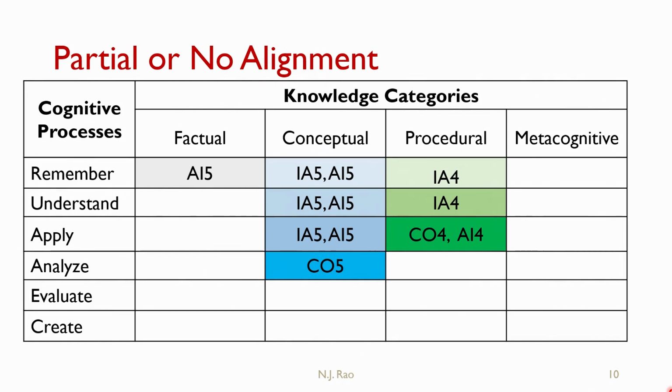That means 50 or more percentage of questions should belong to that particular cell represented by CO5, and we have been recommending that it should be at least minimum 60%. If one wants to have more percentage of questions in that corresponding cell, they are quite welcome.